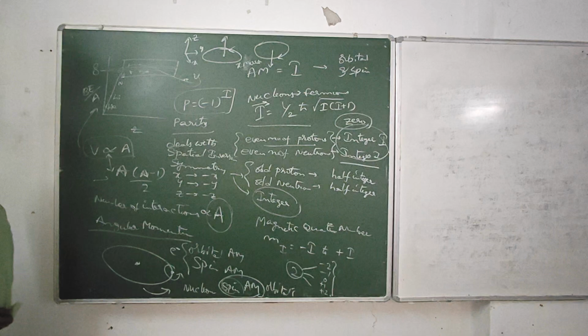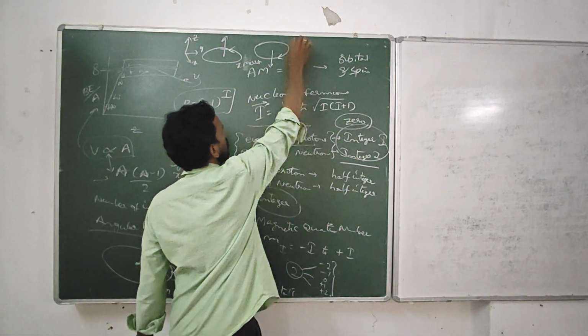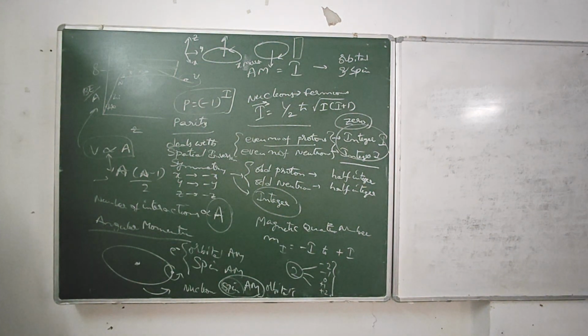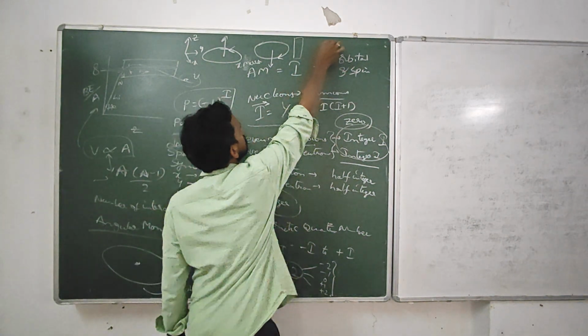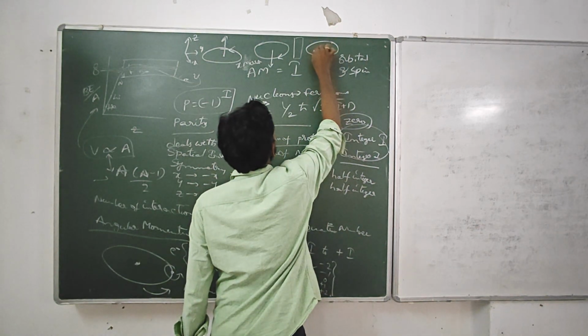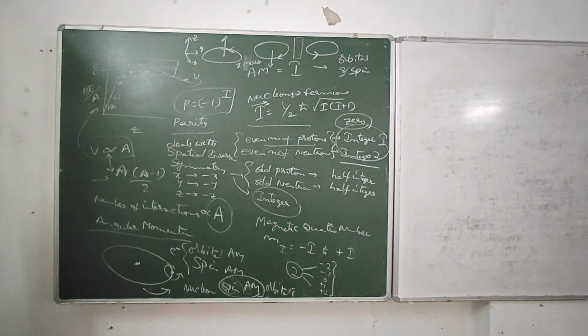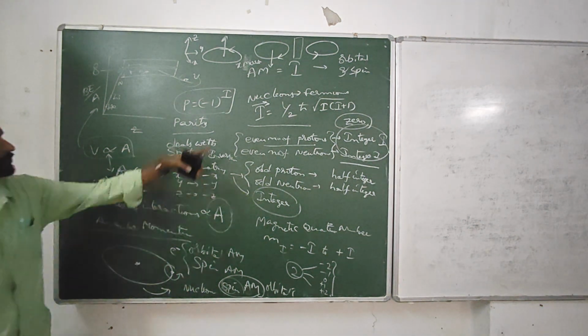Now I keep the Y mirror. So I keep a mirror here. What will I see in the mirror? This portion will be seen here.